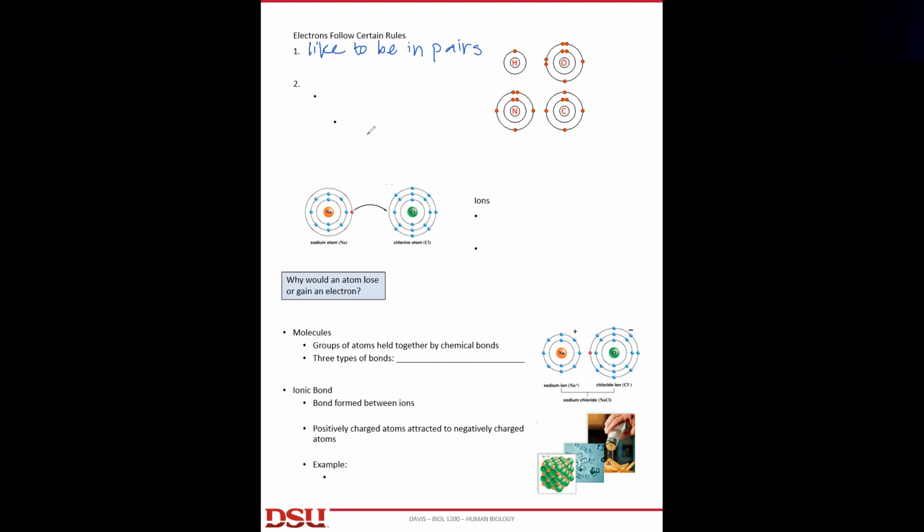Second, the electrons are going to be found in shells outside the nucleus. They like to have their outer shells filled to capacity.